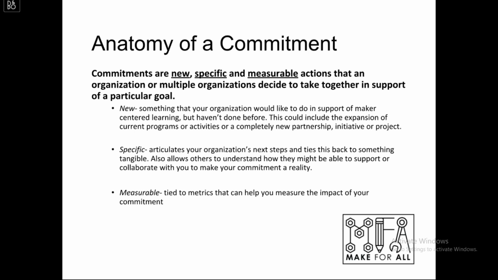And so when we say measurable, we really like to see commitments that are tied to a metric or maybe multiple metrics that can help you measure the impact. And also, the idea is that we really want commitments that organizations will work on in the coming year or the coming 2 years. And for your organization, it's helpful to also be able to track progress around that.